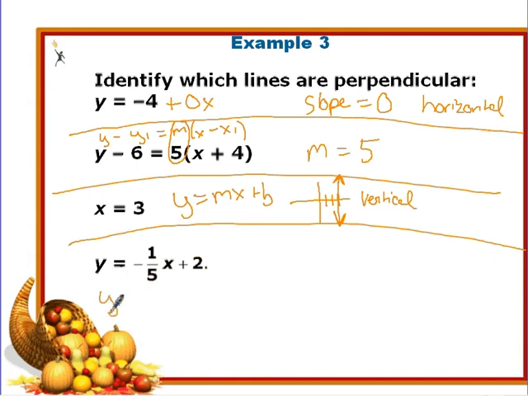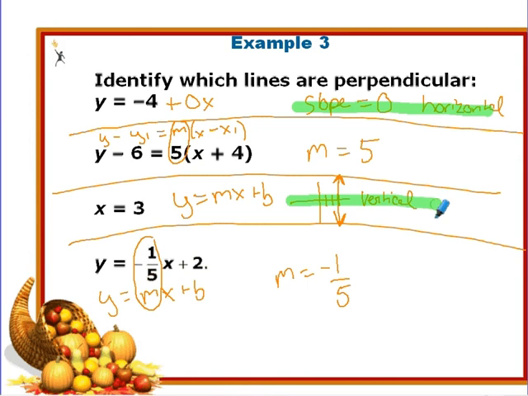And then let's look at this one. This is y equals mx plus b. The slope is whatever is in front of x, so this slope is -1/5. Well, we learned just a minute ago that horizontal and vertical lines are perpendicular to each other. So this line and this line are perpendicular to each other.